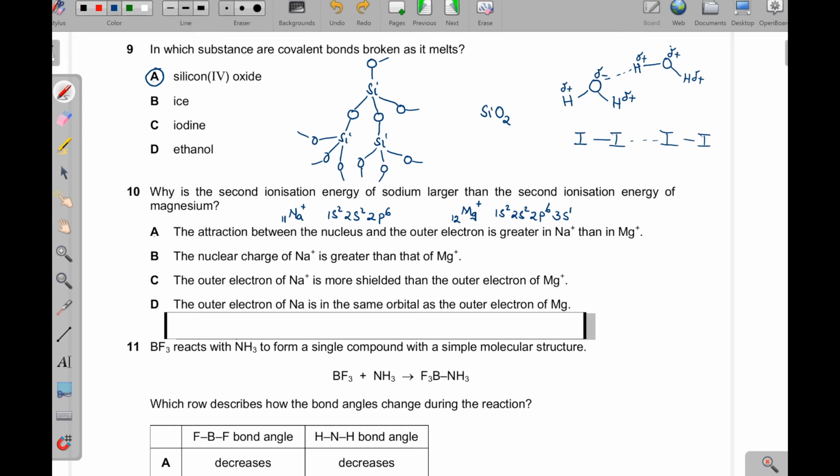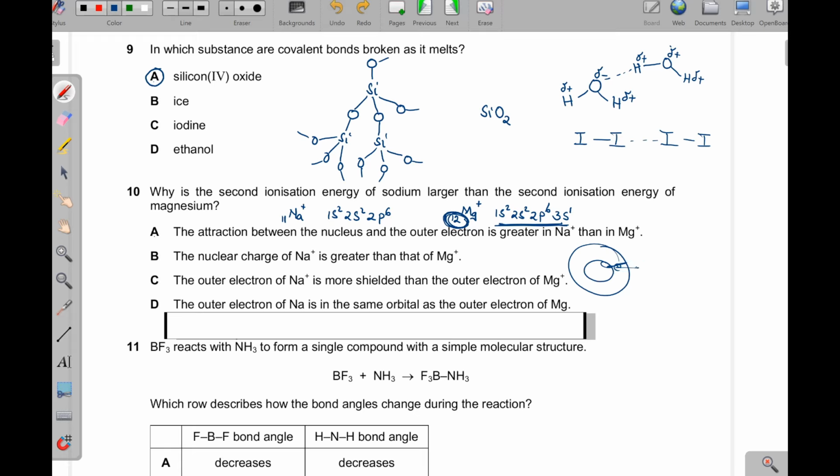However much the nuclear charge here is bigger because it has more protons, the more the shells there, you get bigger shielding. The shielding is repulsion between these electrons. So the more the repulsion, the longer the distance between the outermost shell electrons and the nucleus.